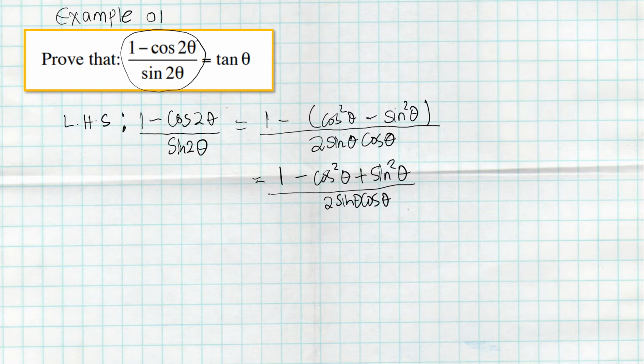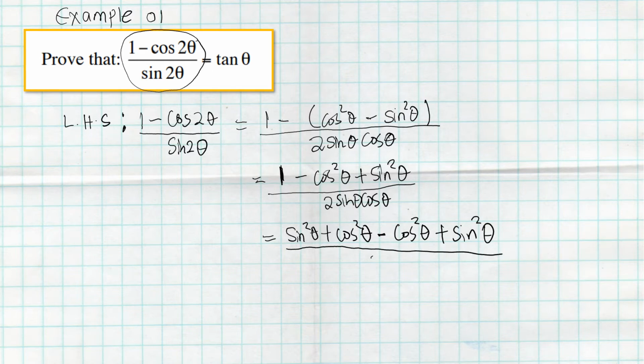But according to one of the identities that we did in the revision of trig, that was our part 1, we know that 1 can be changed to sine squared theta plus cos squared theta. So I'm just going to change that 1 to be sine squared theta plus cos squared theta. Remember that identity. Then we have minus cos squared theta plus sine squared theta. Can you see? Okay, so now these are divided by 2 sine theta multiplied by cos theta.